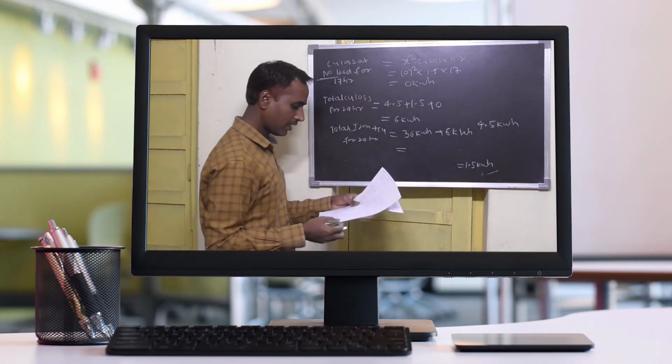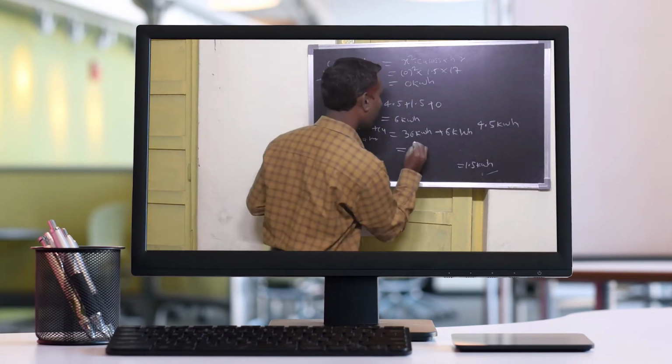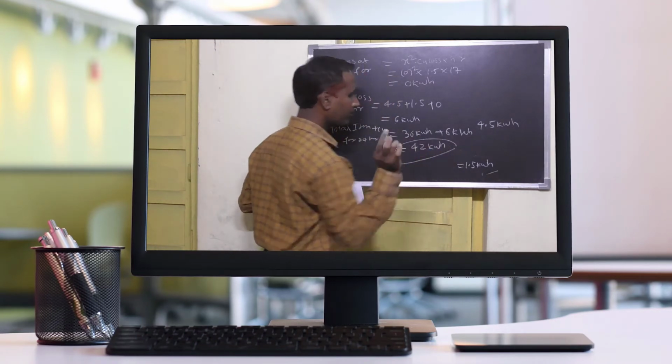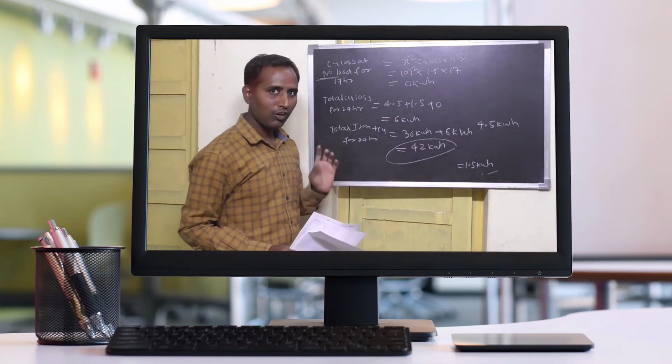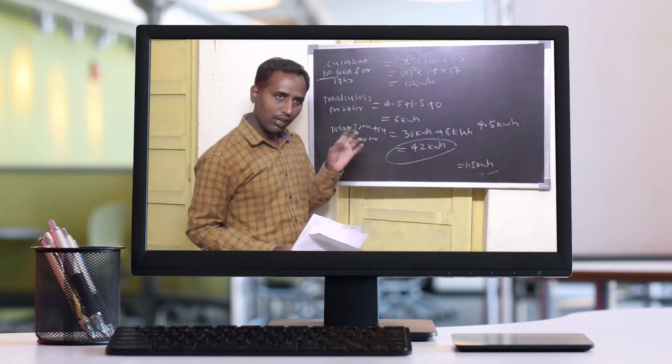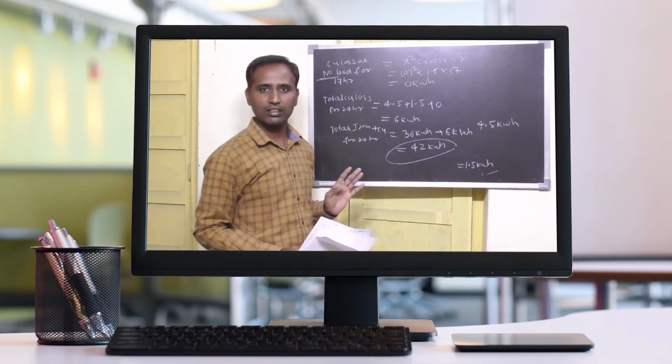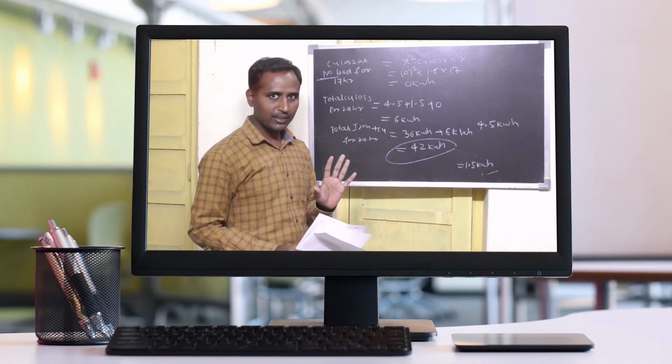The answer is 42 kilowatt hour. We found out the total iron loss plus copper loss for 24 hour. We will get 42 kilowatt hour. This concept is clear.